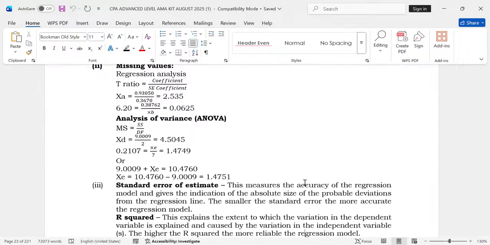So right there, this measures the accuracy of the regression model, and gives the indication of the absolute size of the probable deviations from the regression line.